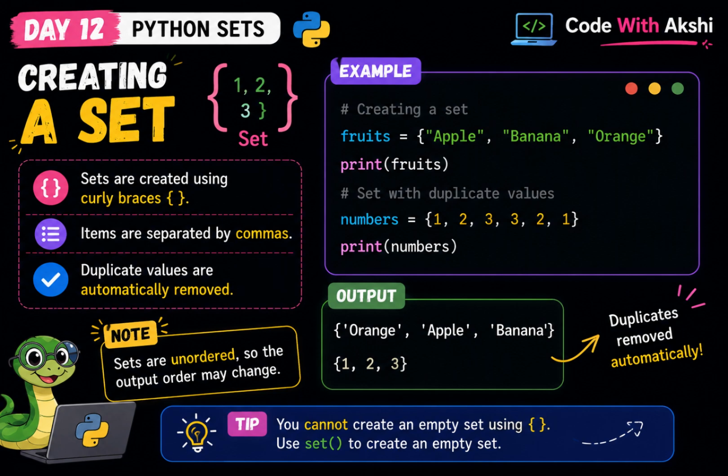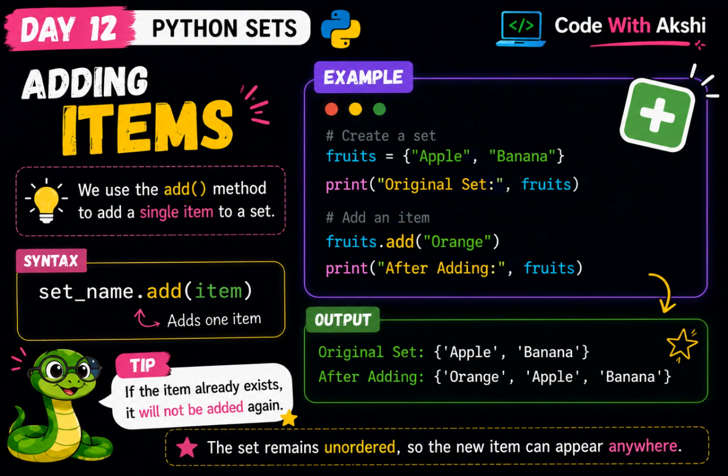Remember, since sets are unordered, the output order may look different every time you run the program. One more tip, if you want to create an empty set, don't use empty curly braces. Instead, use set().